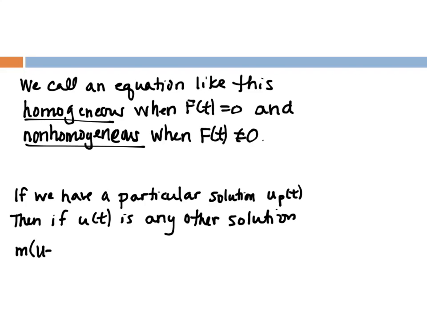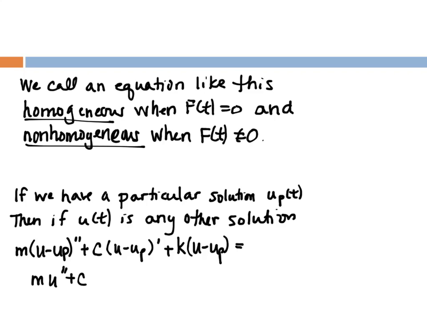then m of u minus u sub p double prime plus c of u minus u sub p, not double, single prime, plus k of u minus u sub p. This is equivalent to having m of u double prime plus c of u prime plus k of u, minus each of those with u sub p: m u p double prime, minus c u p single prime.